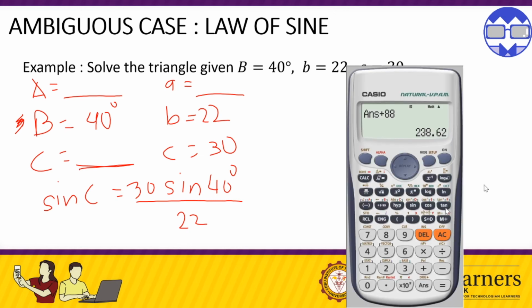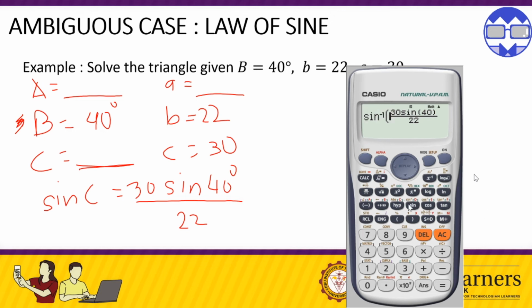Calculator. So we have 30 sine of 40 all over 22. Okay, so it's less than 1, because if it's less than 1, there is a solution. So let's get the, sorry, it should be arc sine.